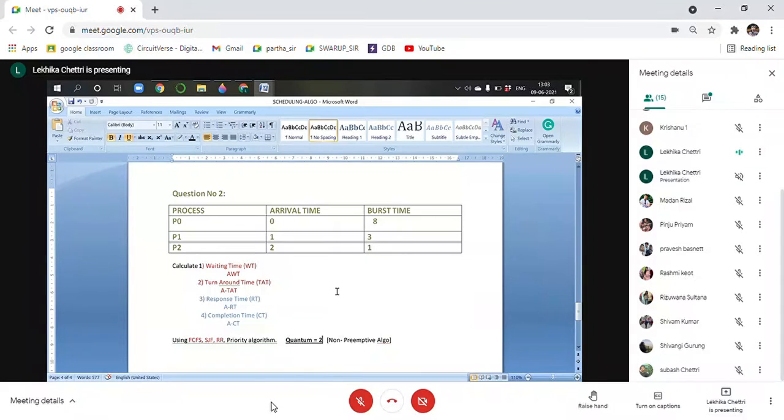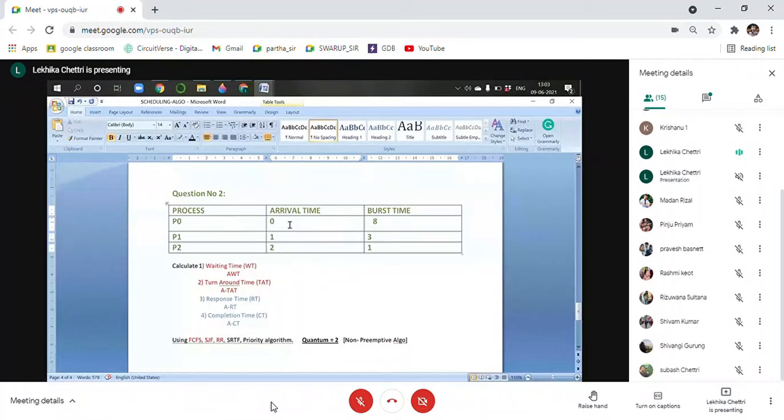Okay, quantum 2, you can consider this problem. You can calculate round robin, FCFS, priority algorithm, and SRTF. But I will teach only SJF for this problem. For FCFS, RR, SRTF, priority, you can take this example.